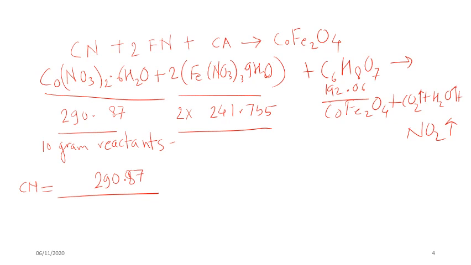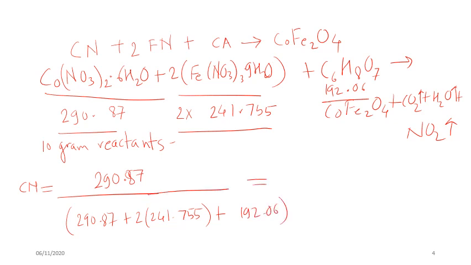Okay, divided by this 290.87 plus 2 times 241.755 plus this 192.06. Okay, so this will give me the mass of the cobalt nitrate.